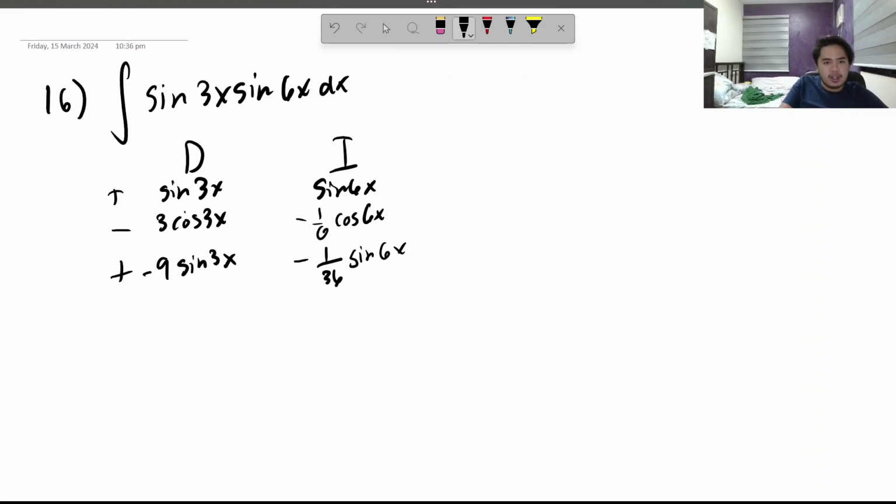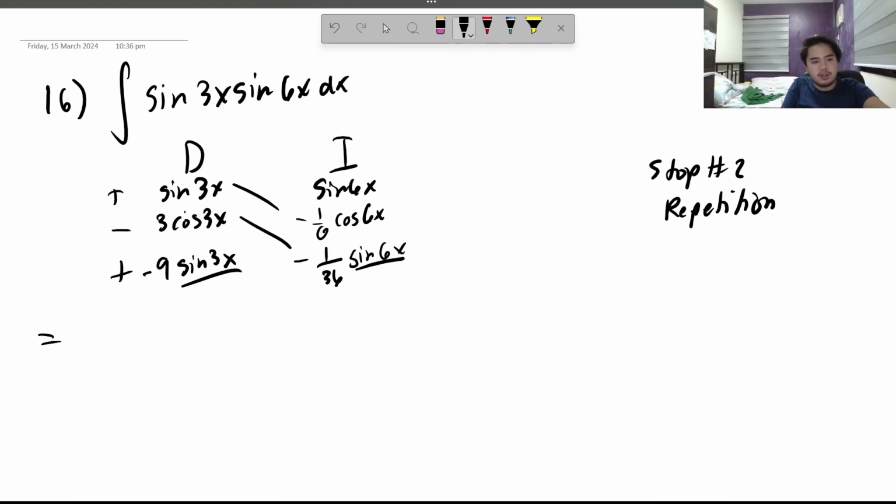Well, again, sine 3x, sine 6x, stop number 2, repetitions, is in full force today. So we can use that. Diagonals, positive, negative. Let me just put the original integral again, the integral of sine 3x sine 6x dx.